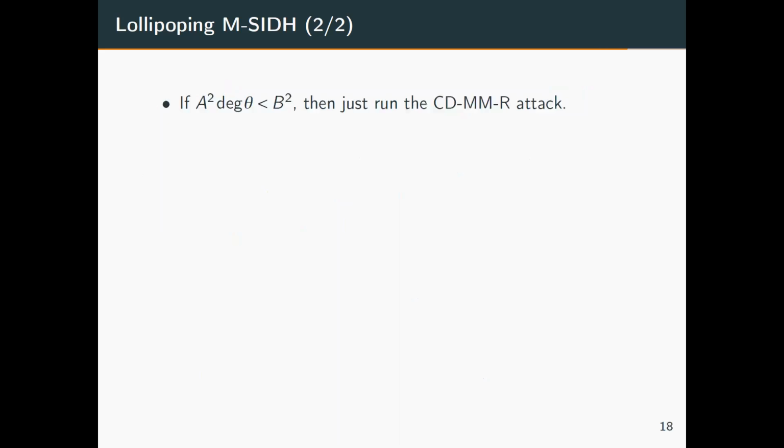So what does this mean? As I said before, if this is smaller than B square, this is the degree of your isogeny. And as I said, you need only half of square root of torsion point information. So if this is smaller than the amount of torsion point information squared, then you can run the attack.